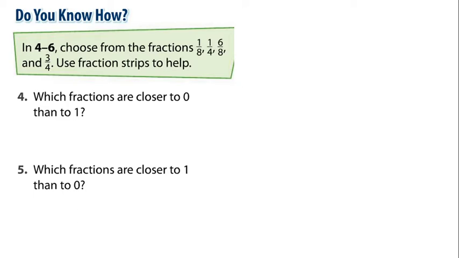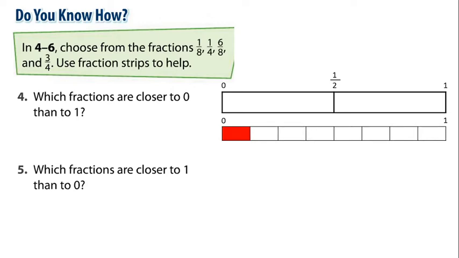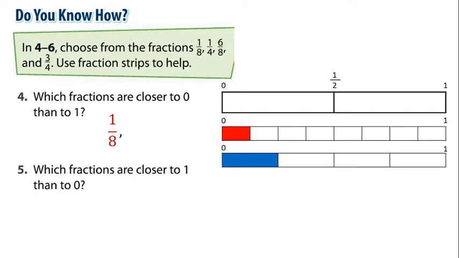First, I will draw my benchmarks. Then, I will draw my fractions one by one to compare. Is 1 over 8 closer to 0 or closer to 1? Excellent. It's closer to 0 than 1. Is 1 over 4 closer to 0 or closer to 1? Yes, it's closer to 0 than 1.